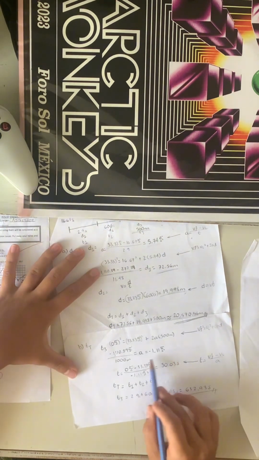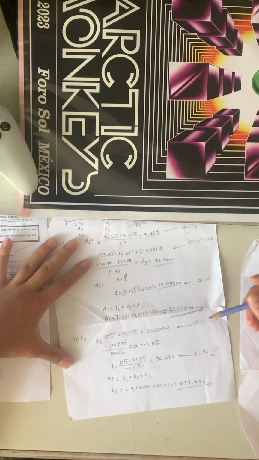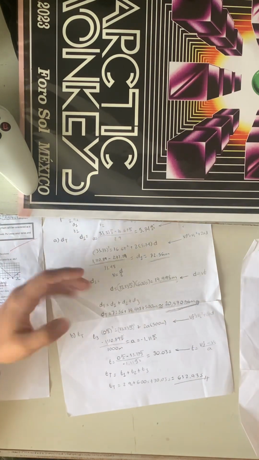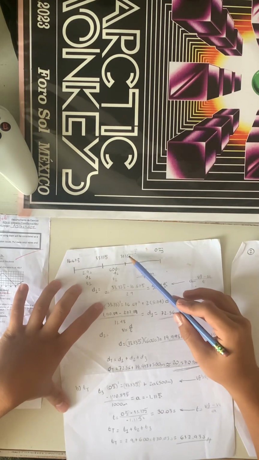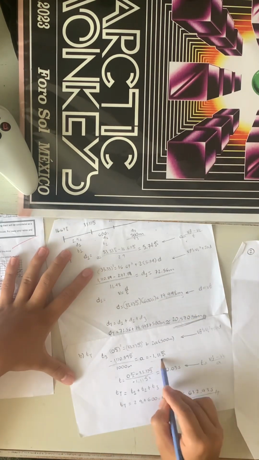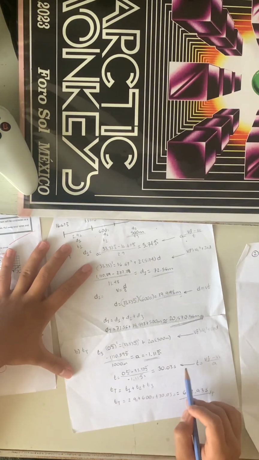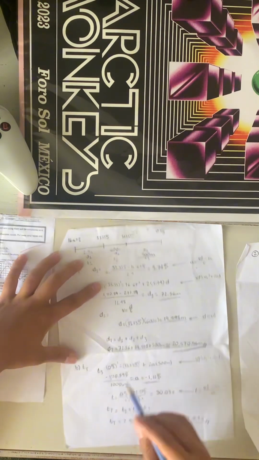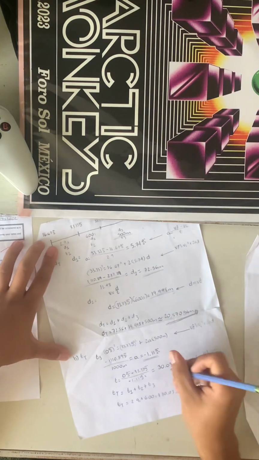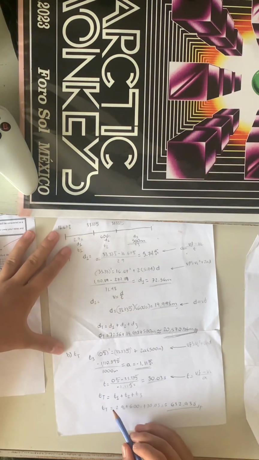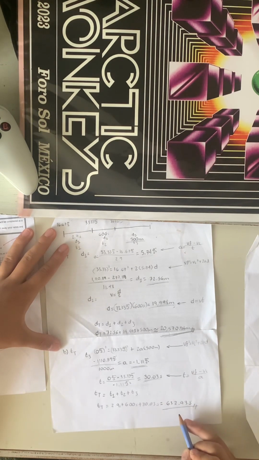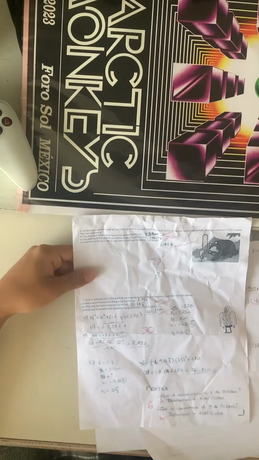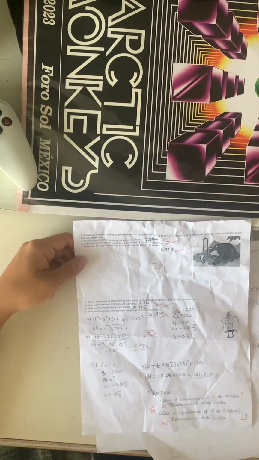Once we have our acceleration, we'll use now the formula of time because we have final velocity minus initial velocity and now our new acceleration that we already got, we can use it to get time. So we already have time 1, time 2, and time 3, which is this one new, and the addition of these will be 632.93 seconds.